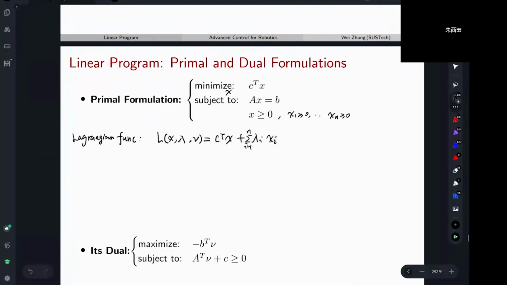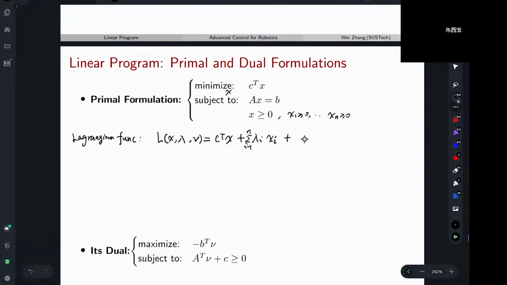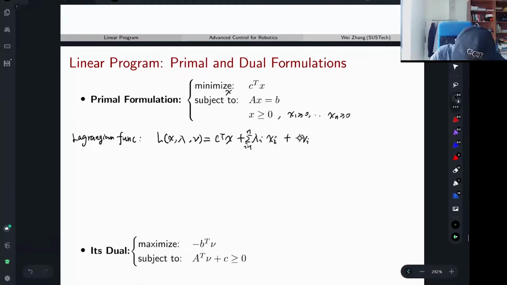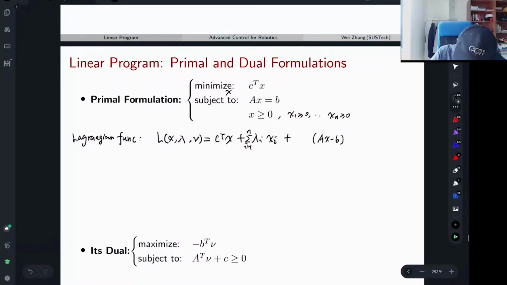Plus nu, let's call it nu i, for the q equality constraints times (ax minus b)i. But let's use vector form, so this is a vector: nu transpose times (Ax minus b).